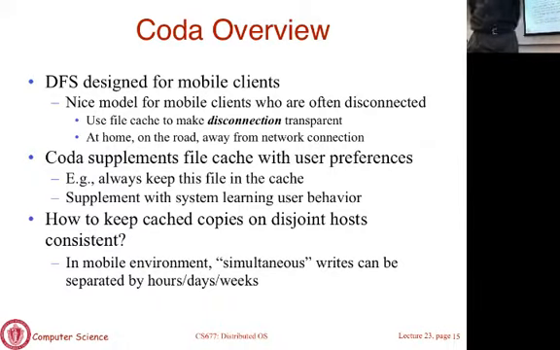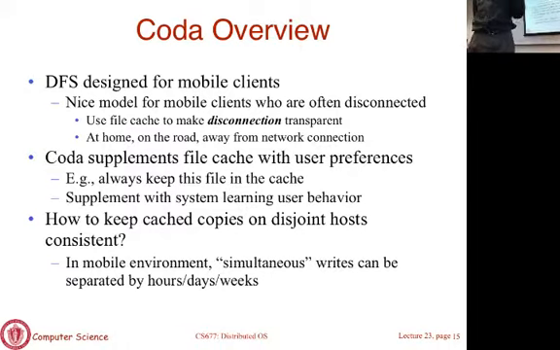So Coda is actually a name of a research project that was done at CMU back in the late 80s and the early 90s. Okay. Eventually, the Coda file system did become commercialized. There was a predecessor to Coda called the Andrew file system. So some of these ideas have become commercialized.